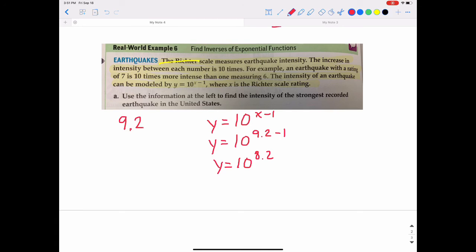And using a scientific calculator, you could see that 10 to the 8.2 power would be approximately equal to 158,489,319.2.